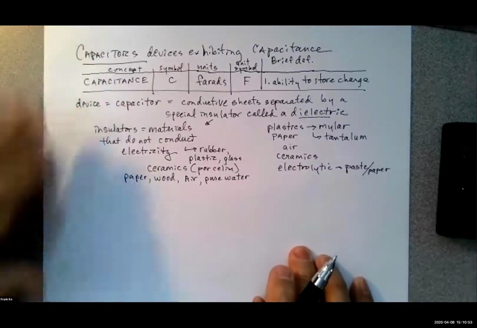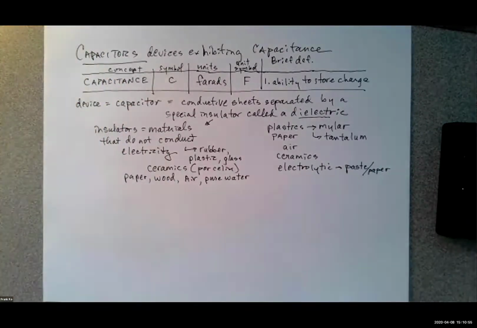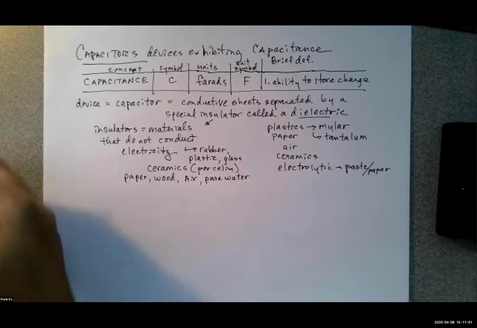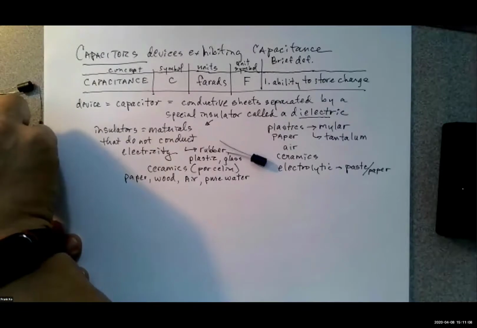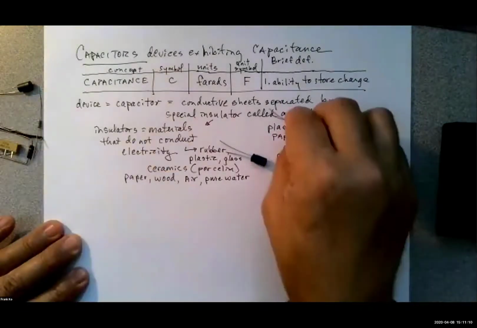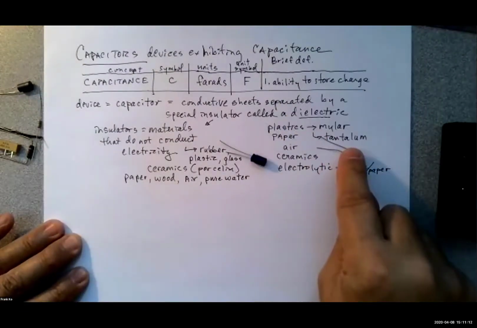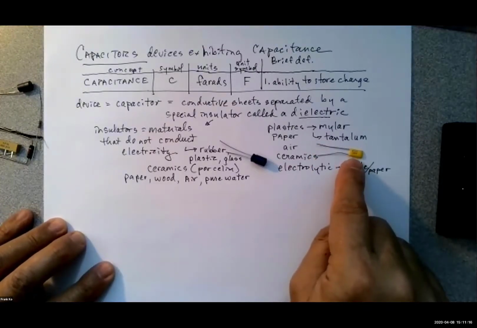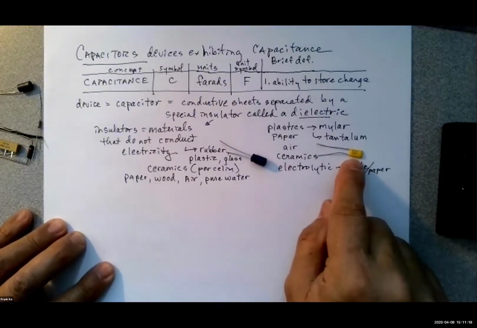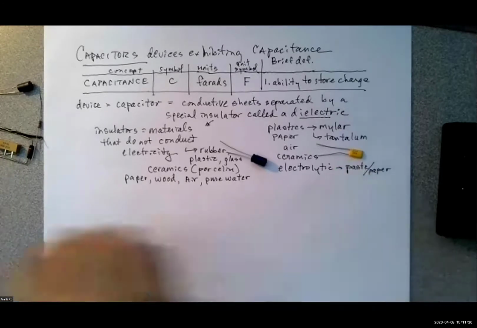Okay. And so that being said, the capacitors that you have been given in your kits are this guy here we talked about, and this guy here that we've talked about. So these are two examples of capacitors that you have been given. This one happens to be a ceramic capacitor, and ceramics is a very common way of building resistors.